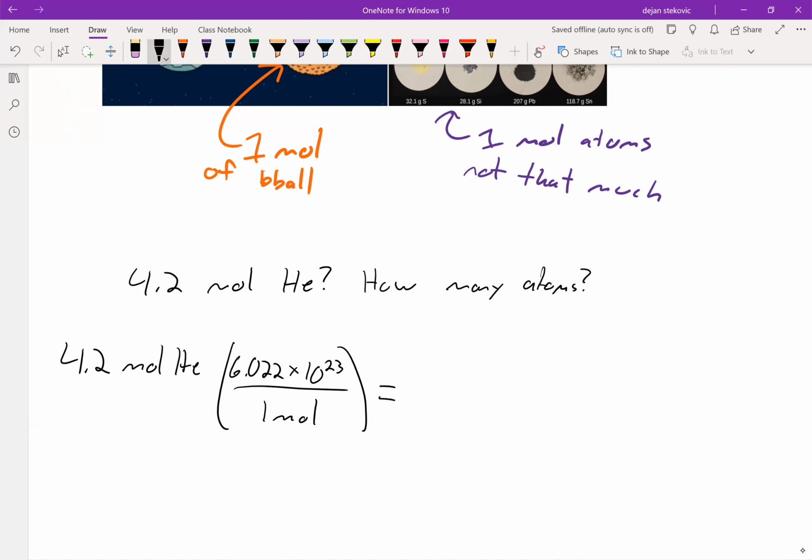Plug that into our calculator, and then you get 2.529 times 10 to the 24th. Notice that this number right here has only 2 sig figs, so our answer needs to only have 2 sig figs. So we're going to round it to 2.5 times 10 to the 24, right? Notice now it's to the 24 because it's a larger number than 23. And then notice that you always want to write in correct scientific notation. So this shouldn't be 25 times 10 to the 23rd. That'd be incorrect, 2.5. And then in this case, this would be helium atoms.